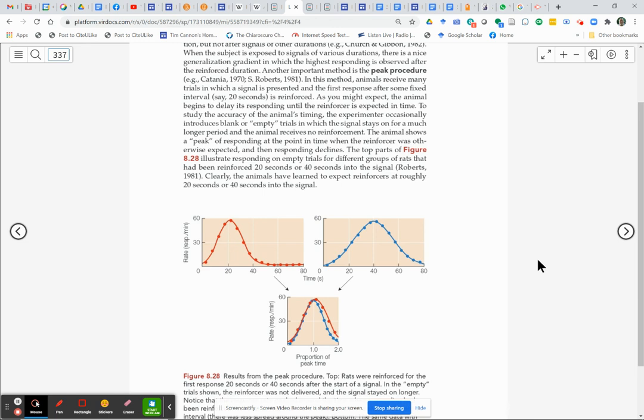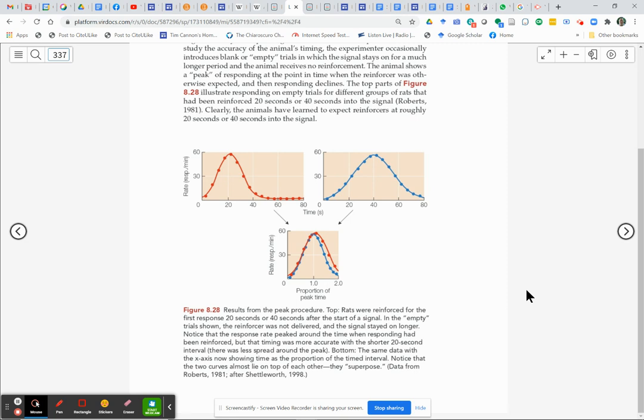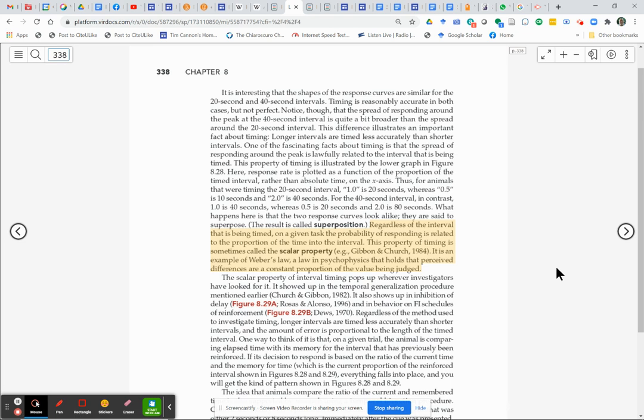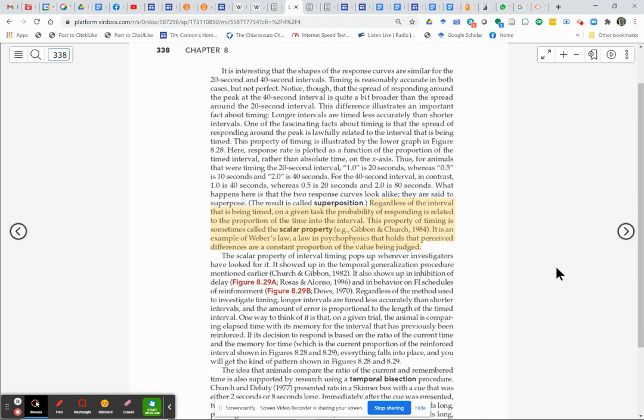So there's distributions of responses around 2 different time intervals, and if you overlap them, they're remarkably similar. So animals can definitely use time, and regardless of the interval that is being timed, probability of responding is related to the proportion of time into that interval.